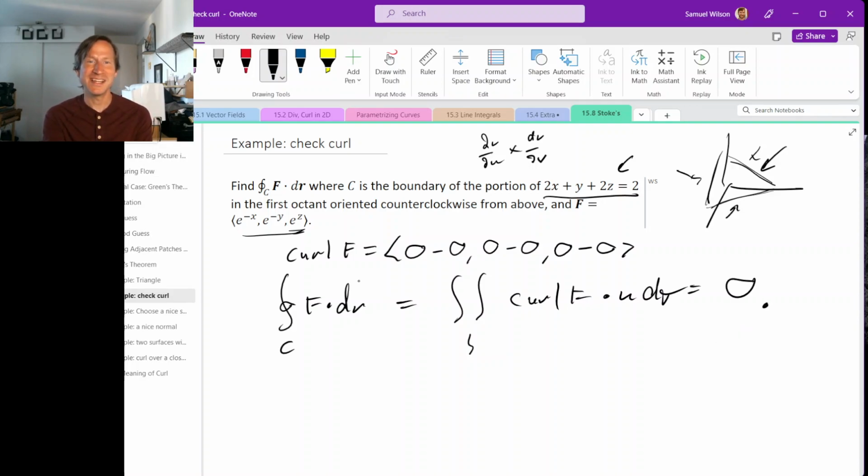So it always pays to check what the curl of your vector field is, just to see if there's some nice simplifying that happens. This is an extreme case where it simplifies all the way down to 0, but even if not all of the coordinates are 0, sometimes some nice things will happen. So it's always good to know what the curl is.